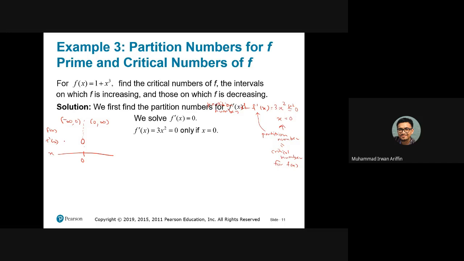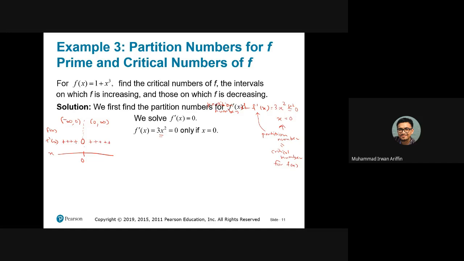What about f prime of x when x is less than 0? It is positive, right? Because when we square a negative number, it will be positive. And when x is greater than 0, it is also positive.